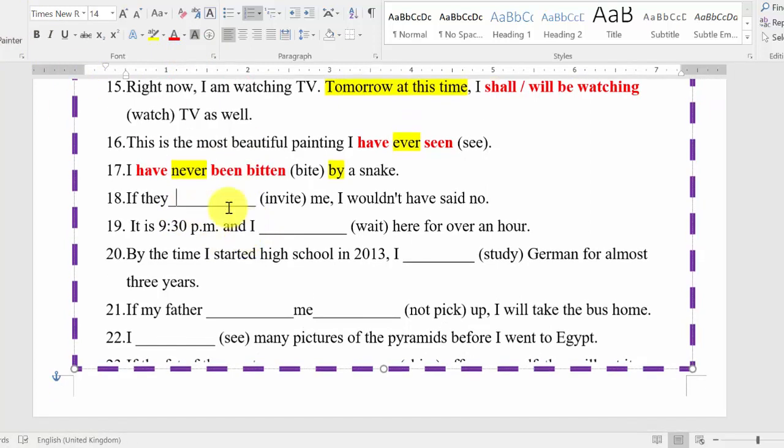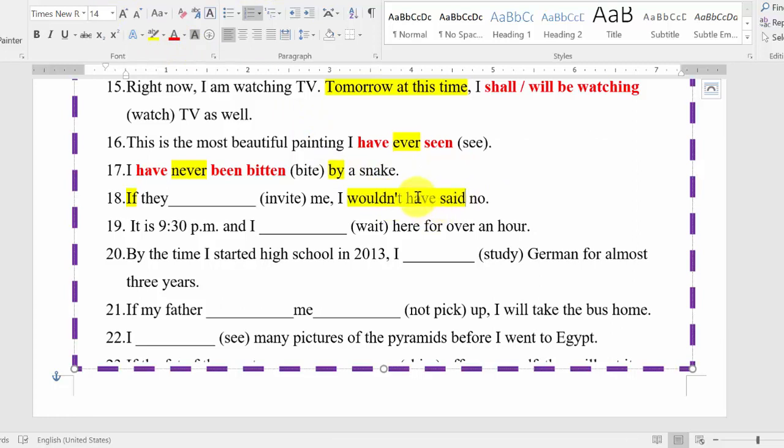Okay, next one, 18. If they want me, I wouldn't have said no. Your keyword is "if" and "wouldn't have said", which is would have PP. So this should be an impossible if conditional.